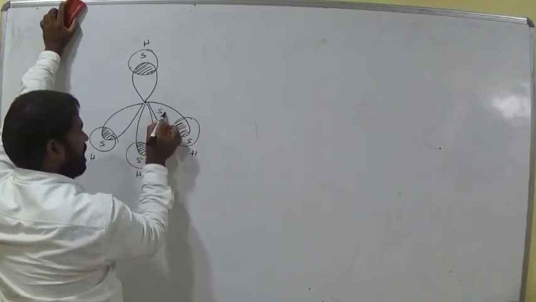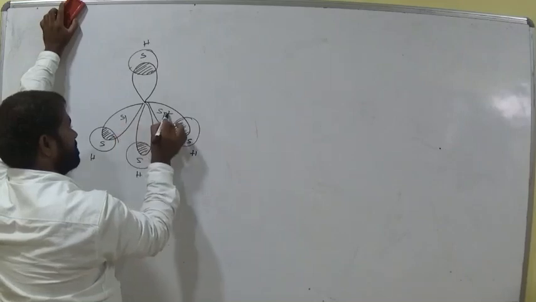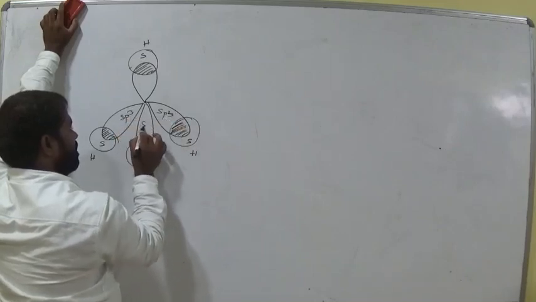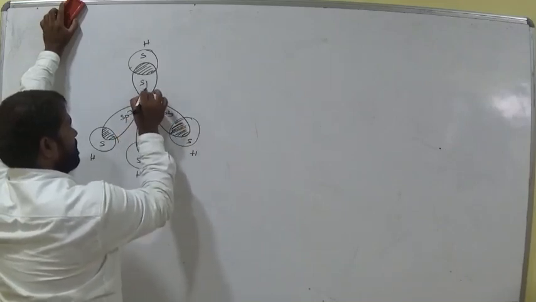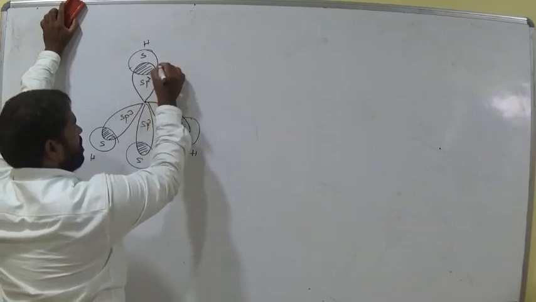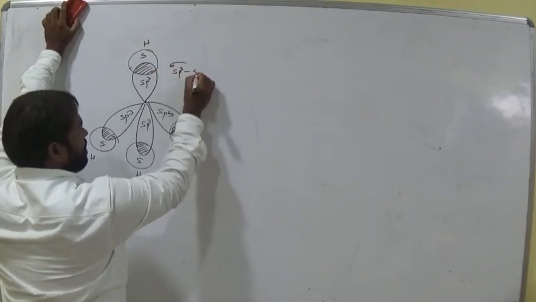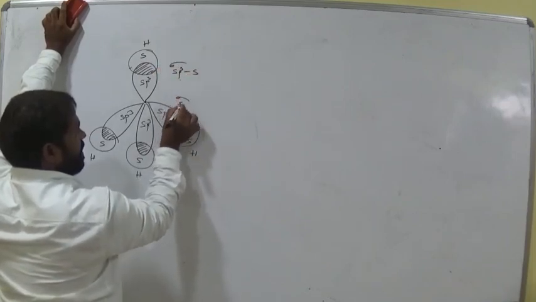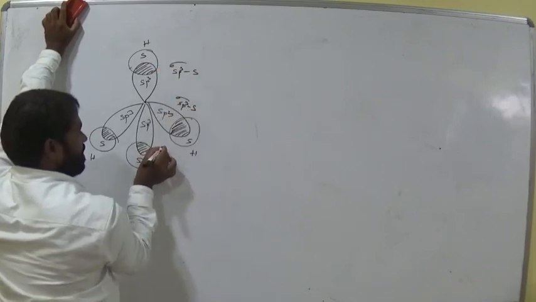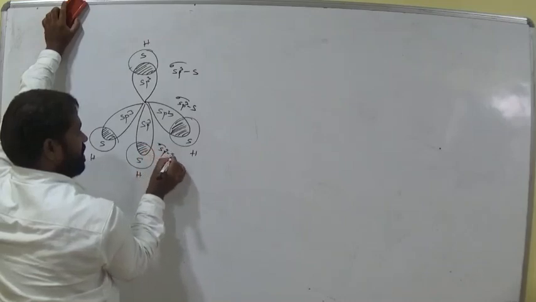Am I right? Now this is a sigma bond, sigma sp3-s. Here it is also sigma sp3-s, and here also sigma sp3-s.